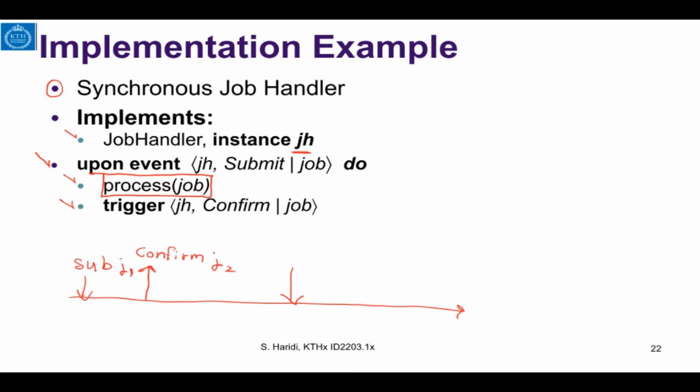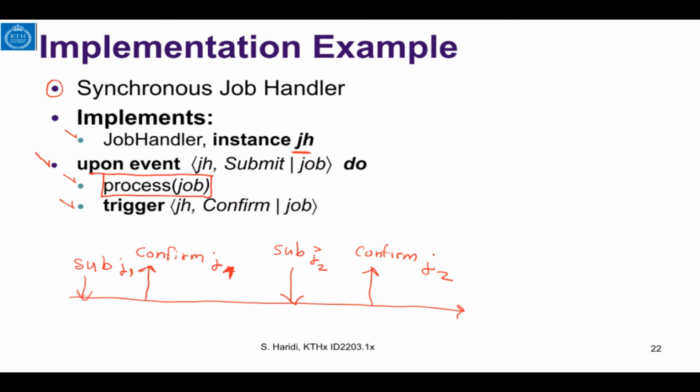Then we accept the next submit, call it sub here, to mean submit, J2, and then we get confirm J2. So this sequence satisfies the specification. The set of sequences that this implementation produces is always a subset of all possible sequences allowed by this specification.